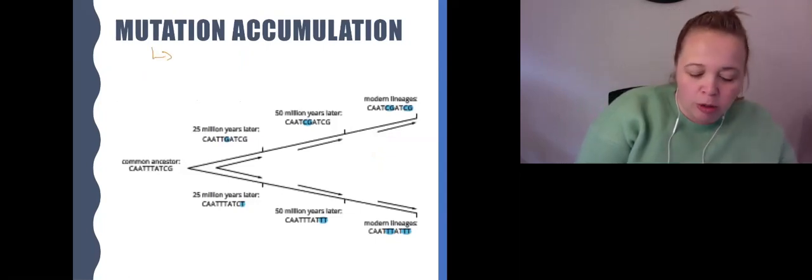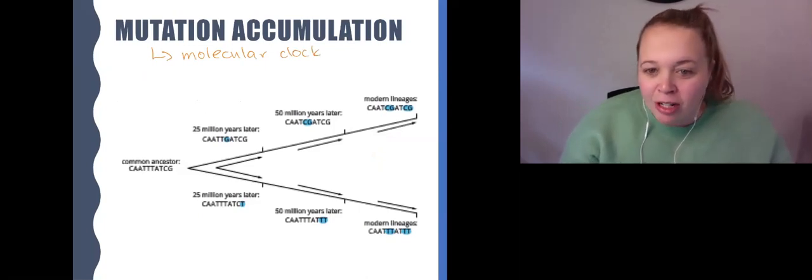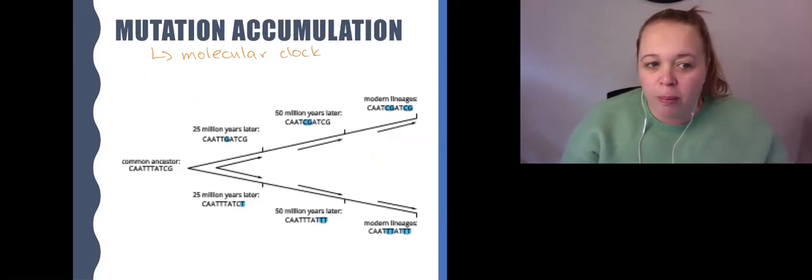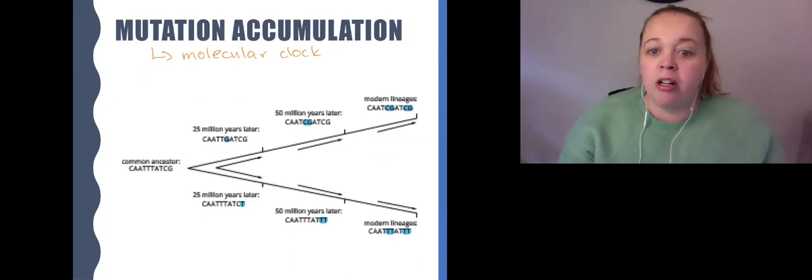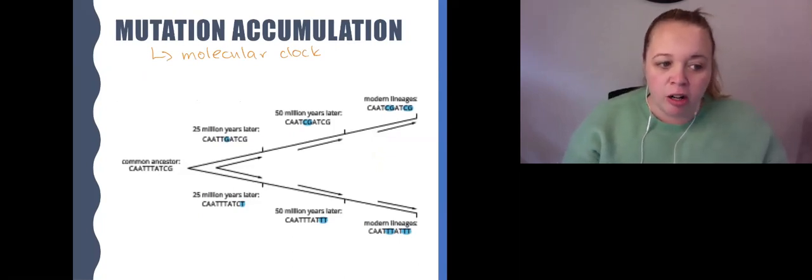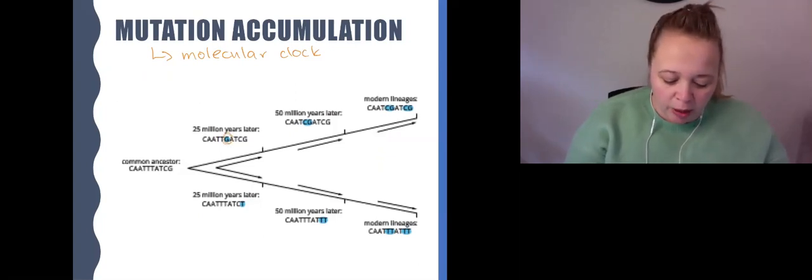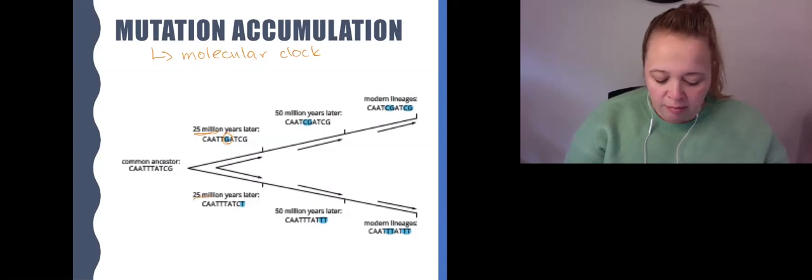This mutation accumulation can give us some kind of idea of what we call a molecular clock. So we know on average the mutation rate of a particular area of DNA. And so what you can do is you can say, okay, I know on average that this organism mutates once every 25 million years. Yeah?